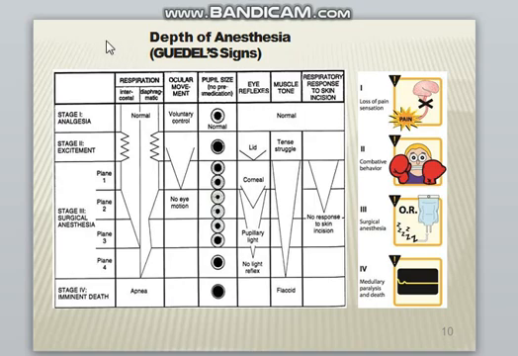This is a diagrammatic representation. For every stage, we have given all the details like respiration, ocular movement, pupil size, eye reflex, muscle tone, whether it is normal, a state of struggle, or a flaccid condition, and the response to skin incision.